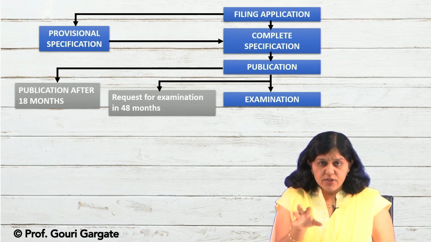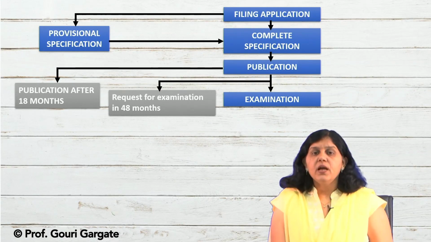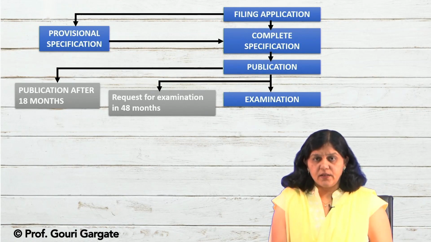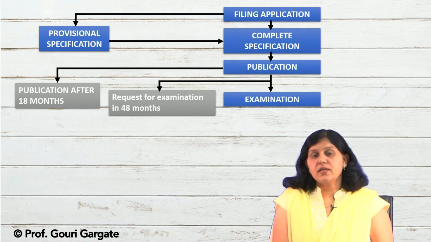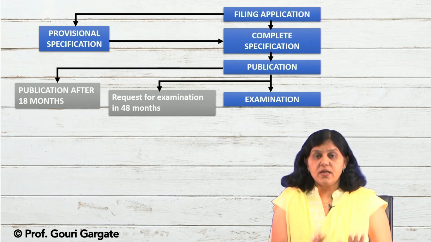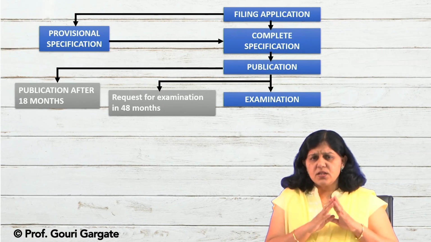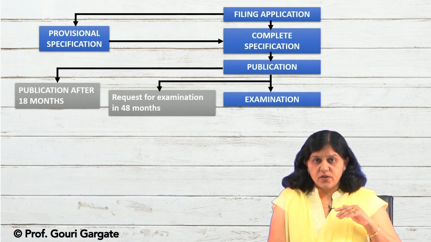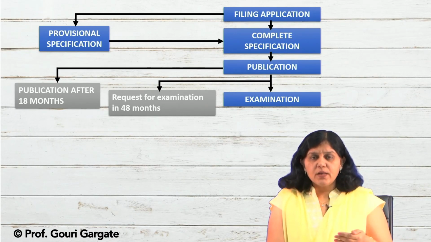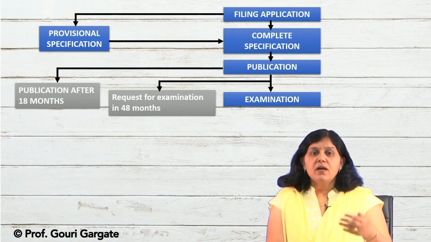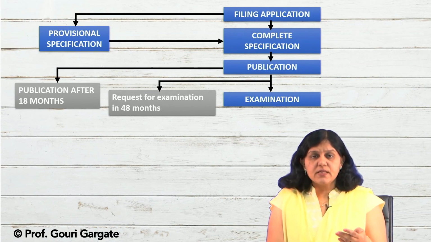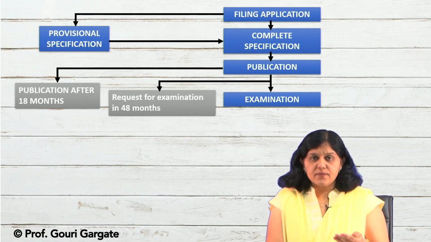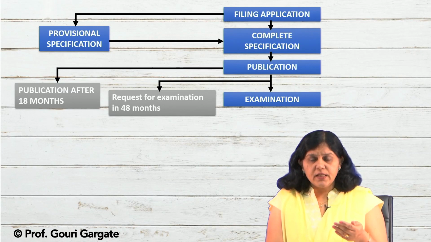He will check everything thoroughly, and after checking everything, he will create the first examination report, which is called the FER. This is a thorough examination based on all the above-mentioned observations: all the patentability criteria, any clerical mistakes in the forms, section 3 and section 4 related guidelines, commercialization related things.